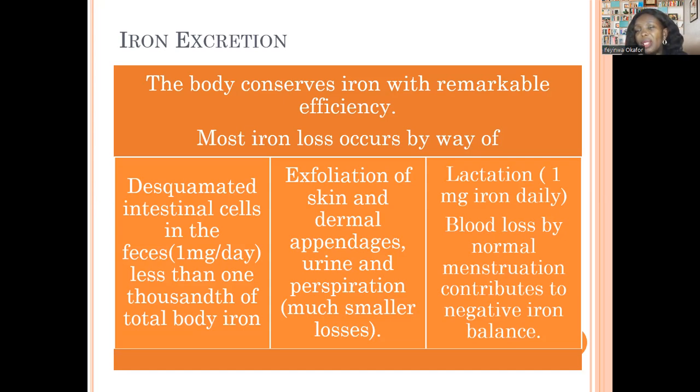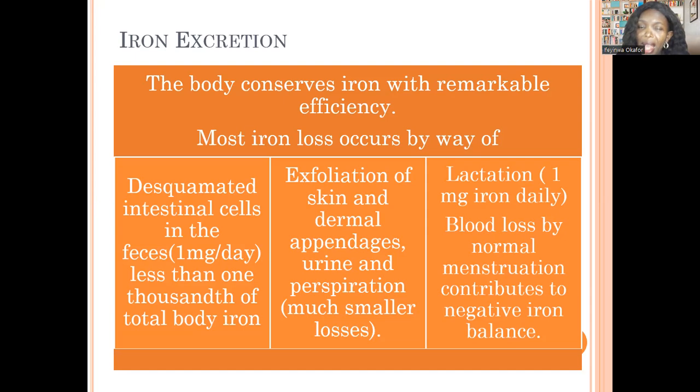Women that are menstruating tend to lose more iron than those that are not. Most times men don't really have a physiologic means of losing iron except through sweat or if they have acute blood loss. So it's always good to advise that once in a while we go for blood donation to also help our system to rejuvenate.